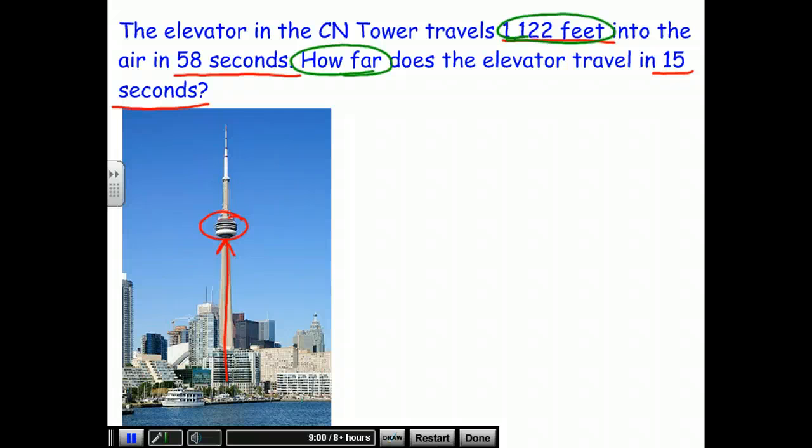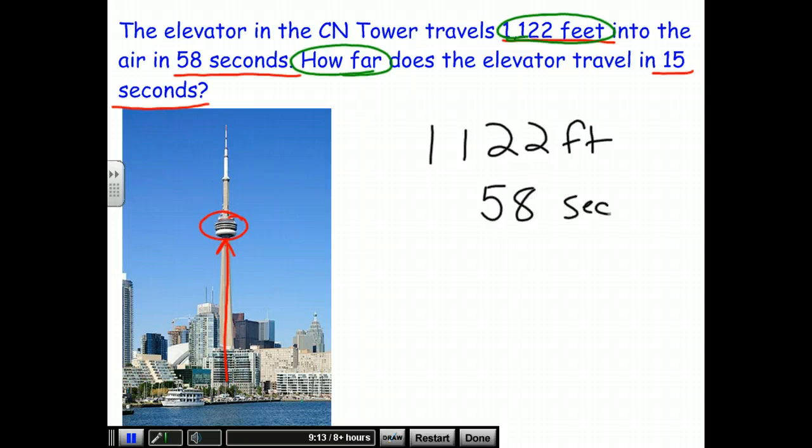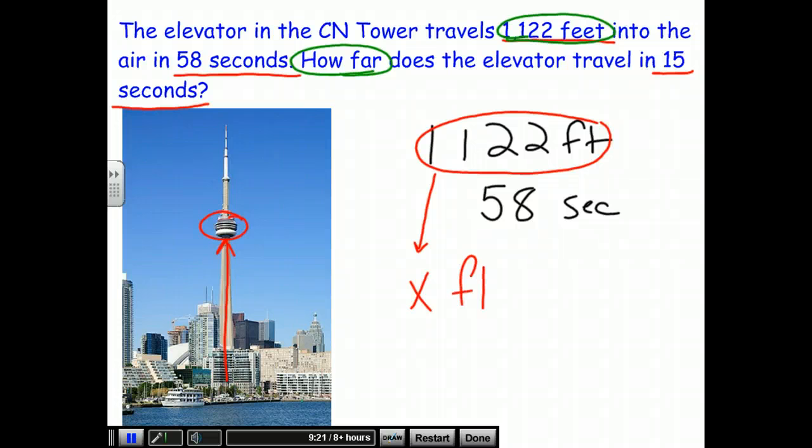Well, for this proportion, what we know is 1,122 feet are traveled in 58 seconds. What we want to know is how many feet, some x number of feet, do we travel in 15 seconds.